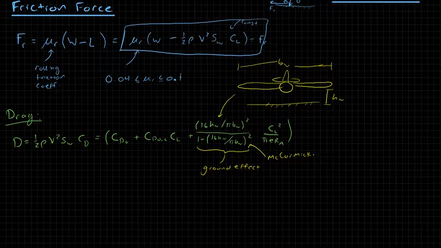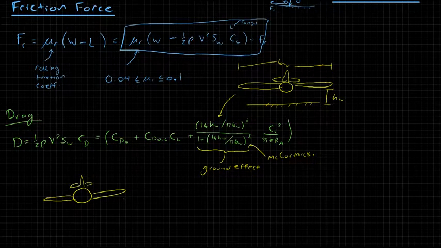Now the reason that ground effect happens is because if you'll recall, if we have an aircraft flying in the air here, we have these wingtip vortices that are generated because we have high pressure underneath the wing and low pressure above the wing.